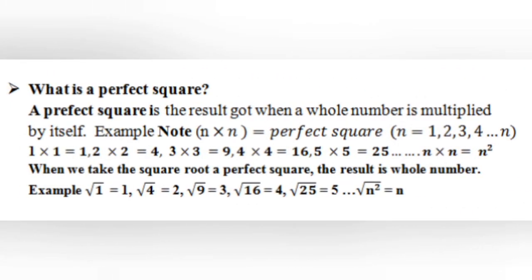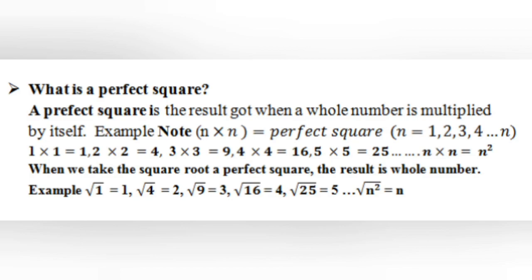What is a perfect square? A perfect square is a result got when a whole number is multiplied by itself. Example, note n times n is equal to a perfect square, where n starts from 1, 2, 3, 4, continuing till n.